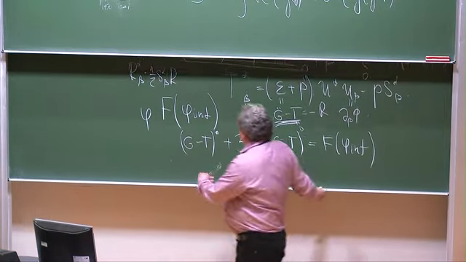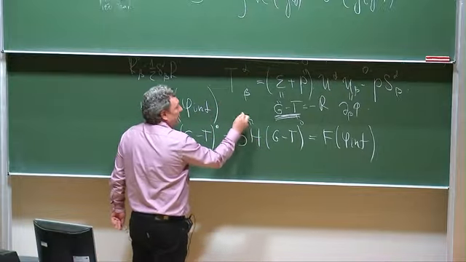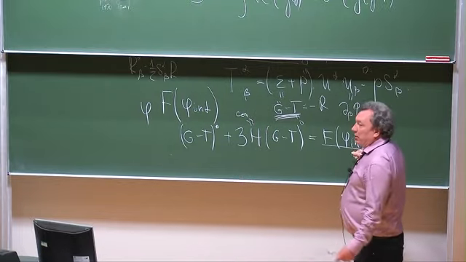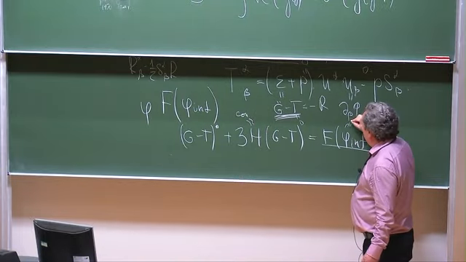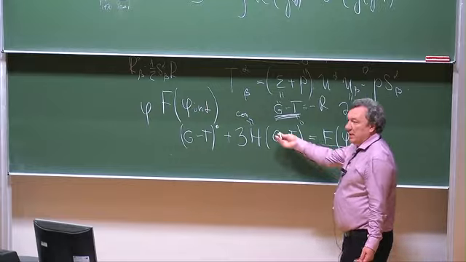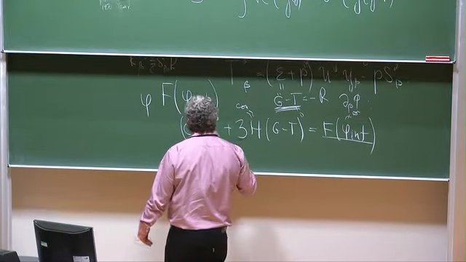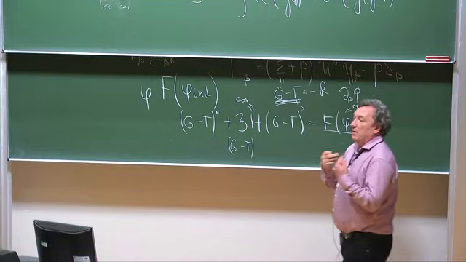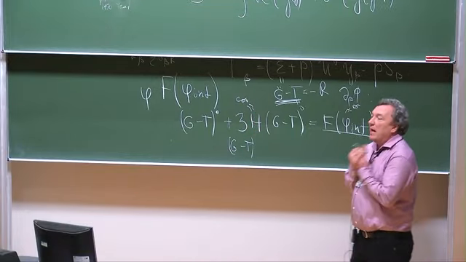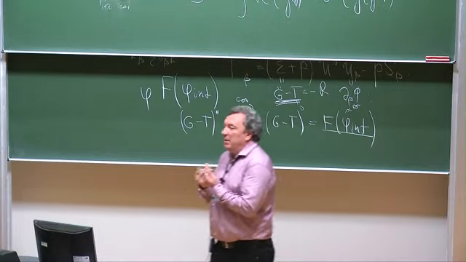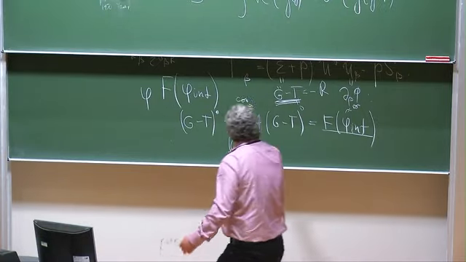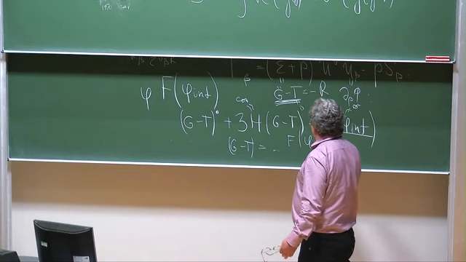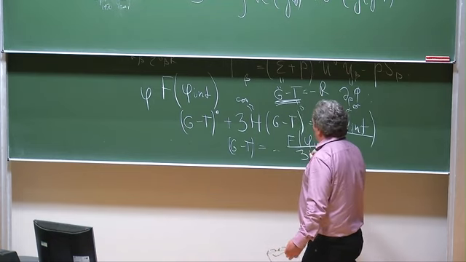Now, the obvious solution of this equation, because h on inflation is approximately constant and the inflaton practically doesn't change, also approximately constant, is that g minus t, which is nothing more than just the energy density of this dust imitating curvature, is equal to minus this function f, which depends on the inflaton, divided by 3h.